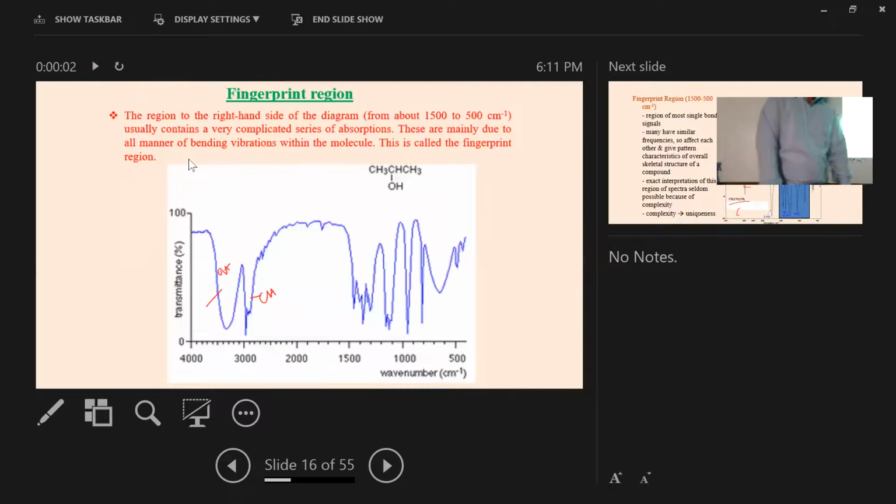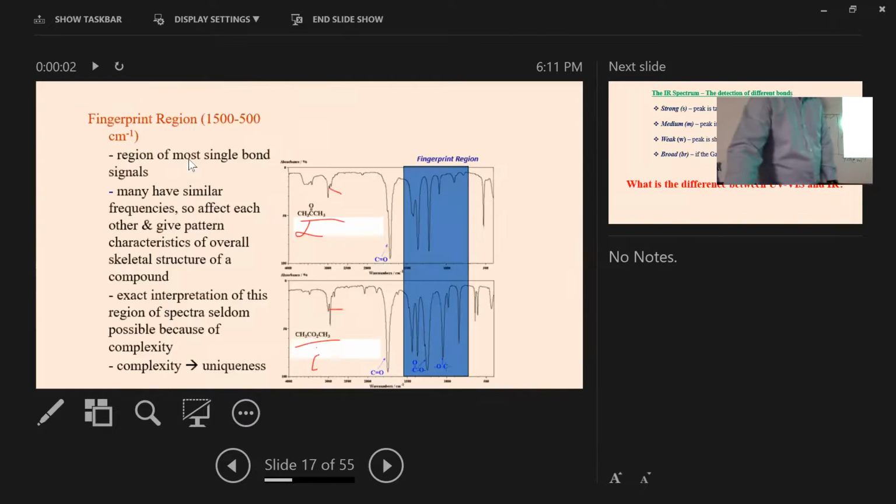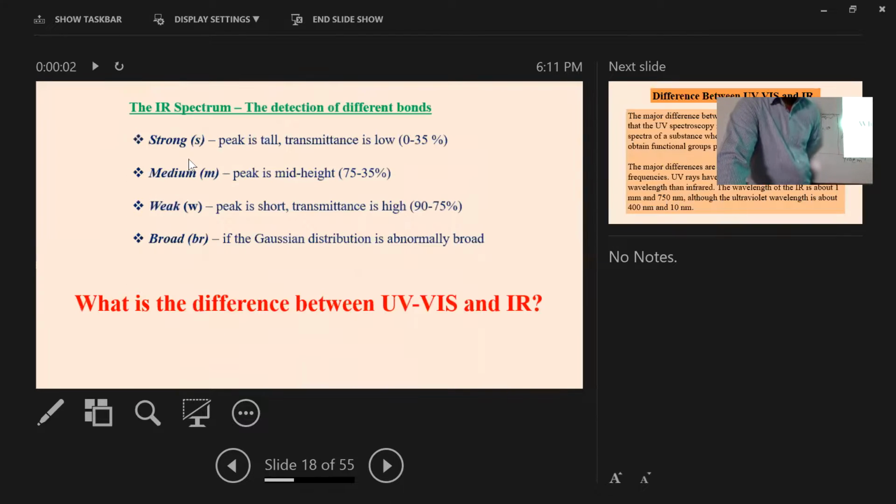Okay, here I have already mentioned the fingerprint, the IR spectrum, the detection of different bonds. A strong peak is tall, and the transmittance is low, 0 to 35%.